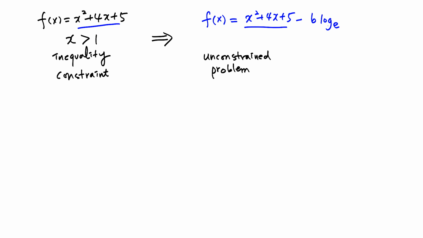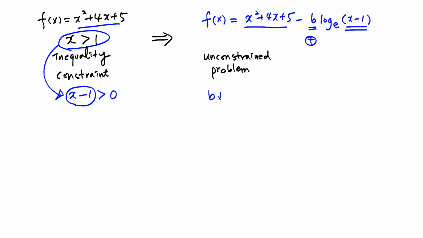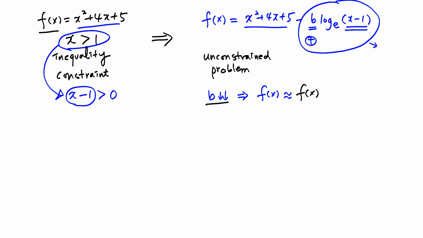So this is a natural log, and this b is a positive real number, and this x minus 1 comes from inequality constraint. This can be re-expressed as x minus 1 is greater than 0. So this x minus 1 is shown here. By making this b very small, we can make our blue function almost identical to this original function f(x) in black. Because if b is very small, then the whole value here will be close to 0.